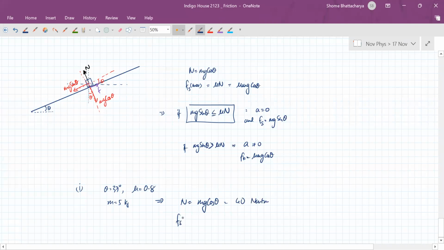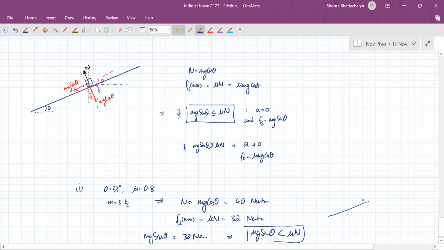So the maximum limiting friction will be 32 newtons. Whereas mg sin theta is only 30 newtons. So you can see that mg sin theta is less than mu n.